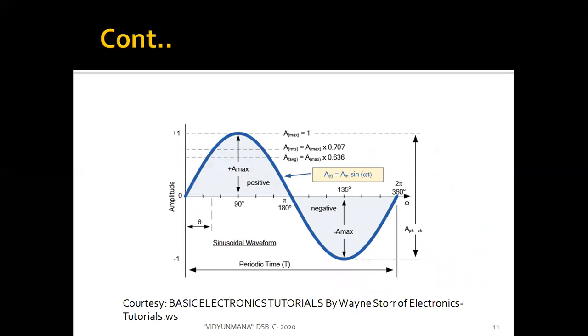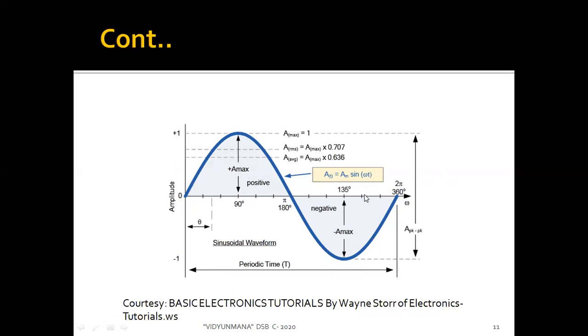In depth, we shall discuss this one. This is the sine wave represented by a of t equals A max sine omega t. Here A max is its amplitude, and a of t is the AC quantity, which varies continuously with respect to time.